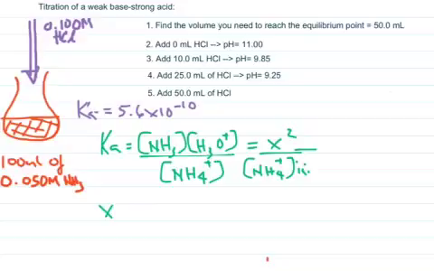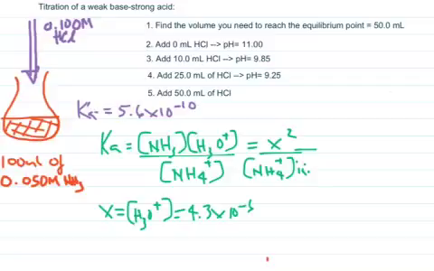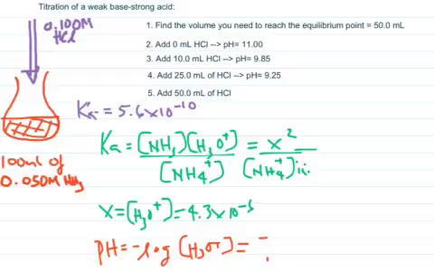We're looking for x because x also represents hydronium, and what we get is 4.3 times 10 to the minus 6. Now that we have hydronium, we can find the pH. The pH is equal to the negative log of hydronium, and we get 5.36. This is the pH at equilibrium when we have a weak base go to a strong acid.